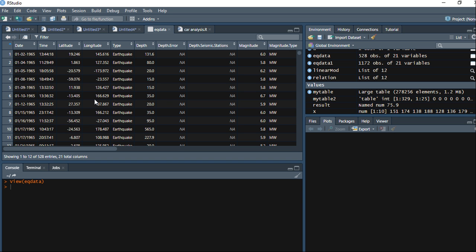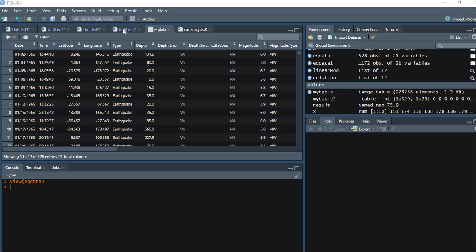This is my data set and it includes variables such as the date, time, latitude, longitude, depth, magnitude, etc. The first observation is about an earthquake which occurred on the date 1/02/1965 at a time of 13:44:18, with this latitude and this longitude. So we have data on earthquakes which occurred at particular locations.